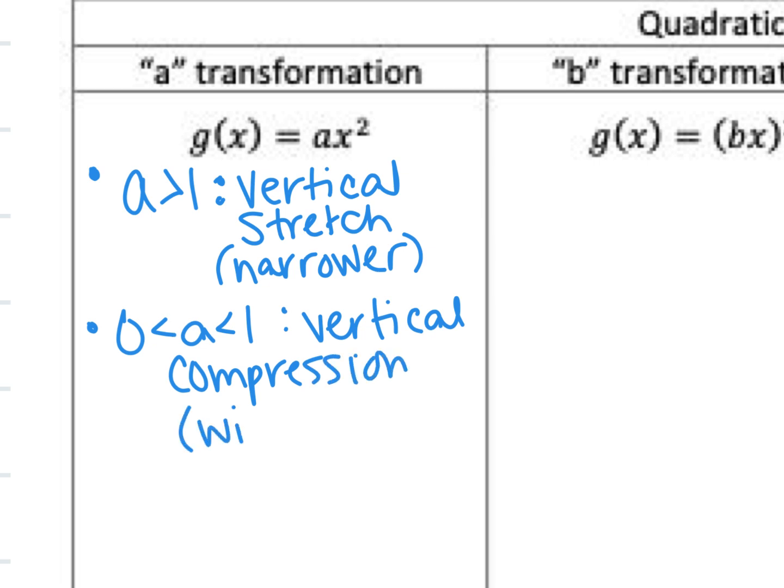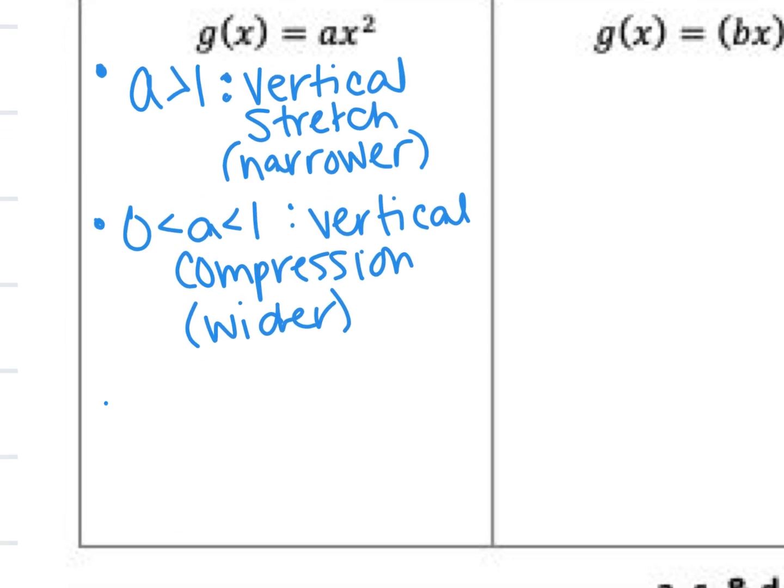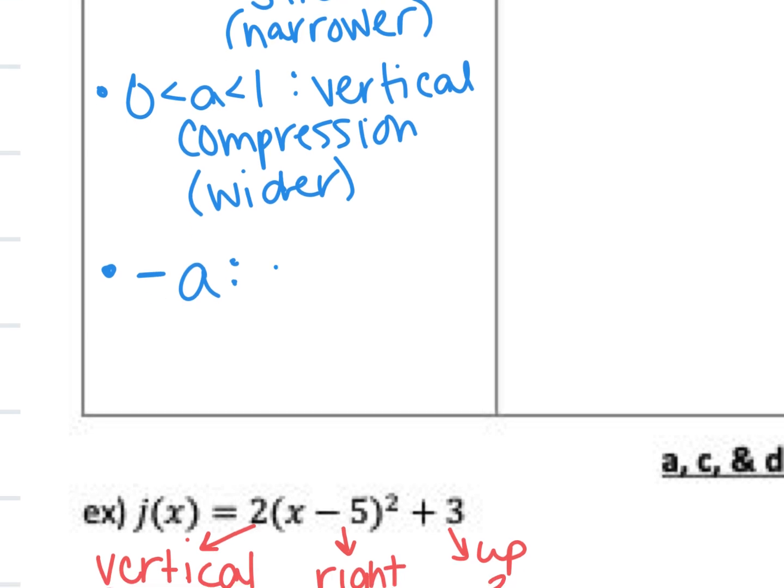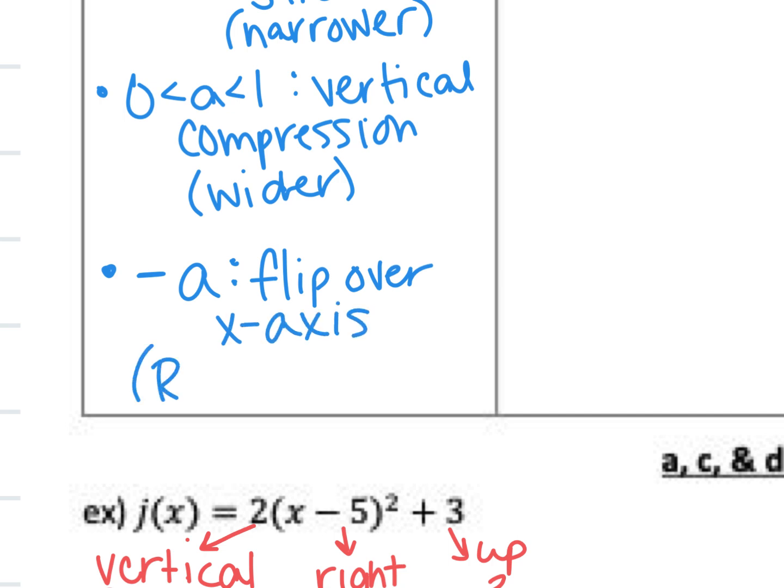And if it's a vertical compression, it's going to get wider. The only other thing we need to add to this is if A is in fact a negative. What happened when it was negative? It was a flip. Good. It was a flip over the x-axis, which we also call a reflection. So those are the 3 things.